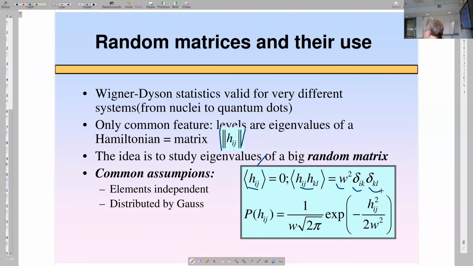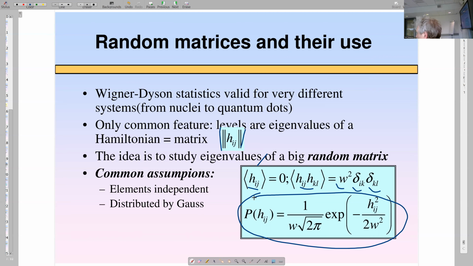They have some finite variance, they're independent. So in total the distribution of the elements assumes a normal, Gaussian distribution.